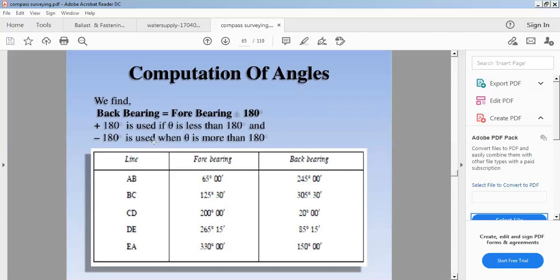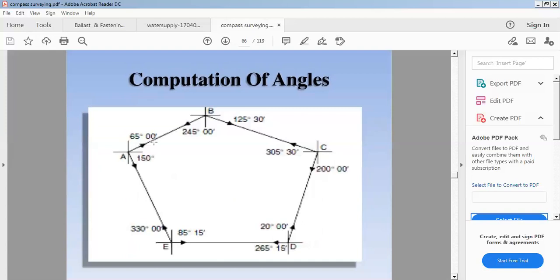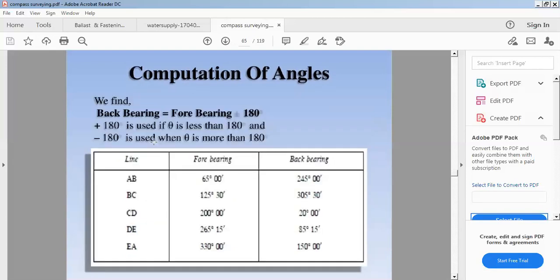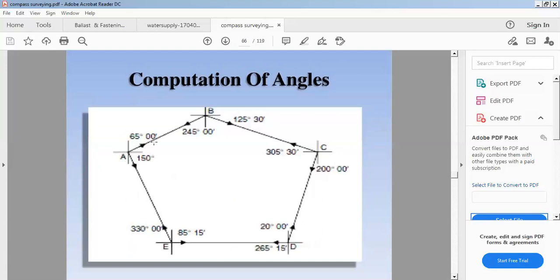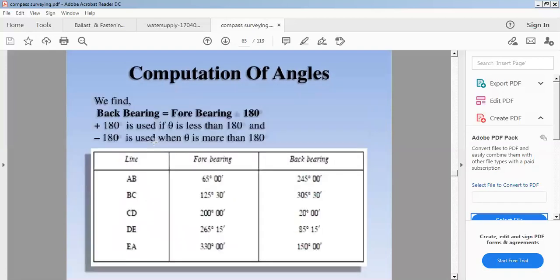The 245 degrees, you can see here, D is the interior angle, 245 degrees. EA is 330 degrees, and the angle will be 150 degrees. You can see in this picture the computation of angles by means of this formula. Is it clear? You know how this third column will come.